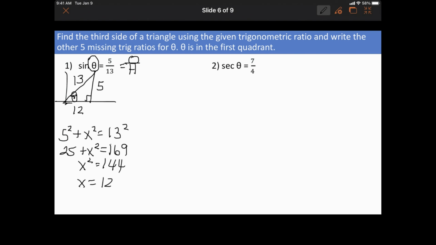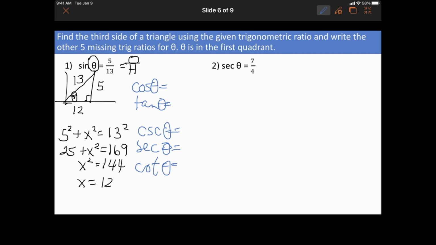All right. So we already have sine. So we need to find cosine of theta, tangent of theta, and then remember cosecant goes first, secant, and then cotangent.